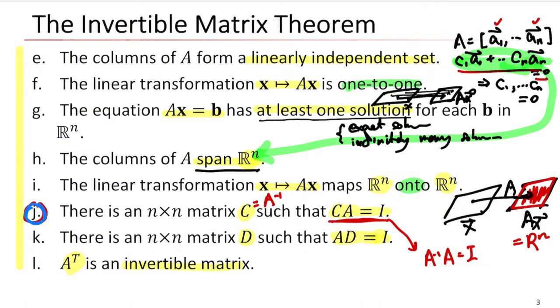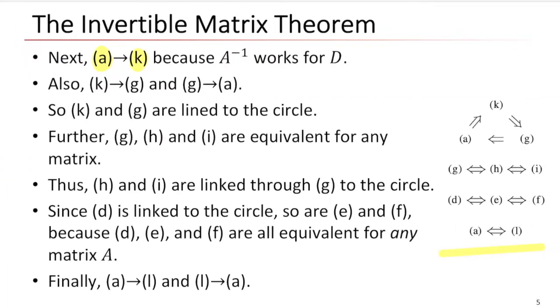Then K: there is an n by n matrix D such that AD equals I. We already know D is the inverse matrix. It means that A times A inverse is equal to I. So this is also true. So A implies K.